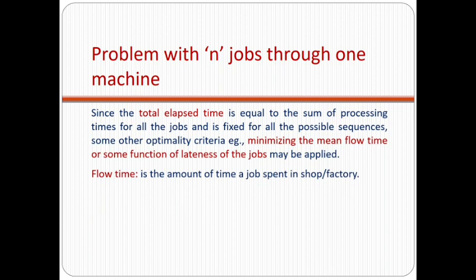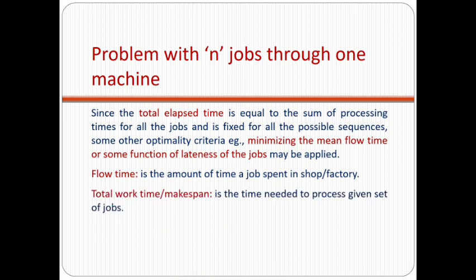And there are some terms available, that is flow time, which is the amount of time a job spent in a factory or a shop is actually called as flow time. Next one is total work time or make span. It is a time needed to process given set of jobs. That is the total time needed to process the given set of jobs.